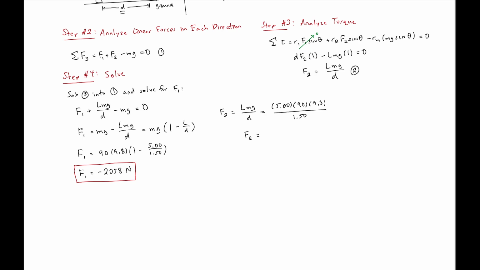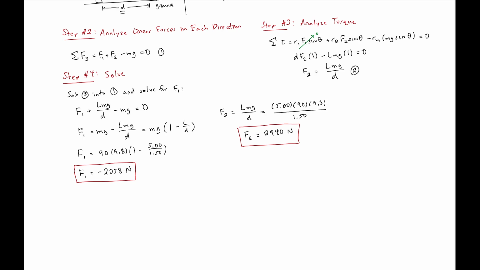F2 is equal to 2940 newtons, which is a positive value. So we can now see that the force exerted by the first pillar is 2058 newtons down, and the force exerted by the second pillar is 2940 newtons up.